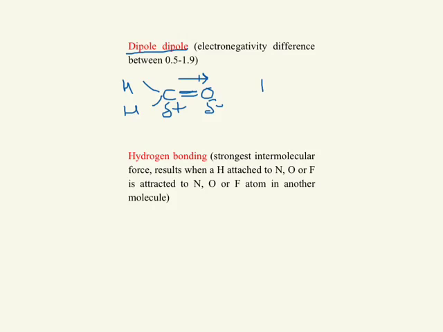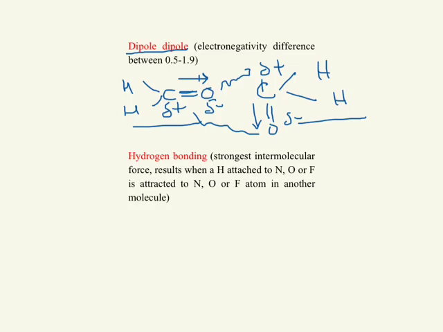So if you take another molecule, I'm going to draw it like this, C double bond O. It's the same molecule, I'm just drawing it a different way. Delta positive, delta negative. If you look here, this is a dipole-dipole interaction. Negative is attracted towards positive, and positive is attracted towards negative. So dipole-dipole interactions are the attractive forces between the permanent dipoles of two polar molecules.